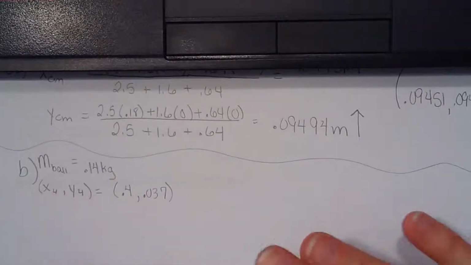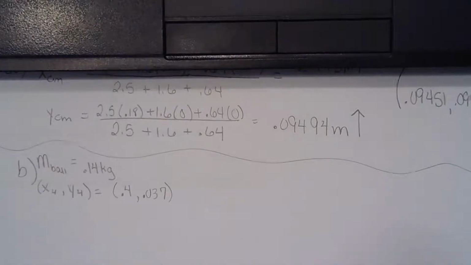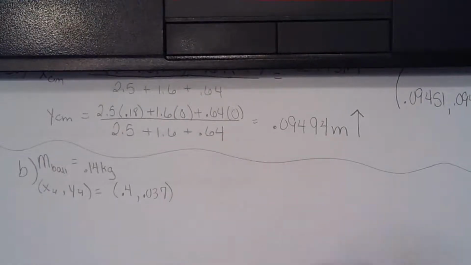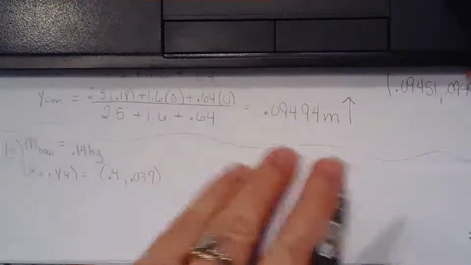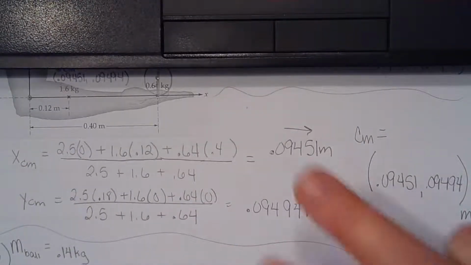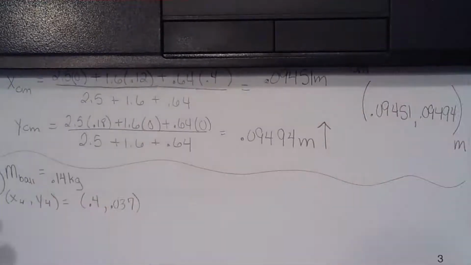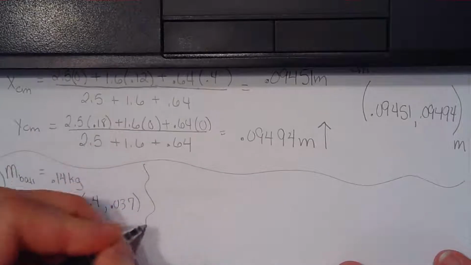Now, we have two options here. We can do exactly what we did in part A and do mass 1, x1, plus mass 2, x2, plus mass 3, x3, plus the mass of the ball and the x value of the ball. But there's no reason to do that, because we already found the center of mass of these three items, and I verified it both ways to make sure. I can just take my answer for those three items. Here's the fourth item.